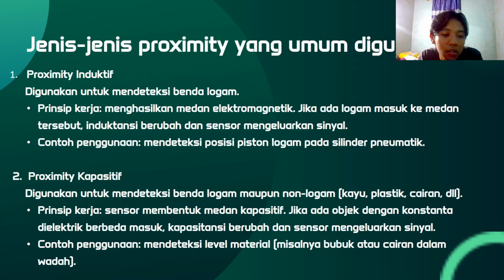An example for the capacitive proximity sensor is detecting material level, for example the level of a chemical.